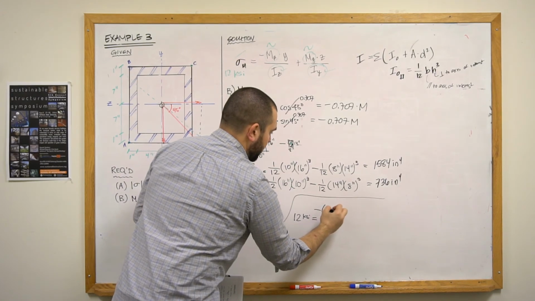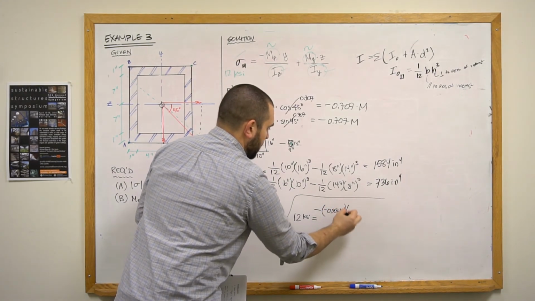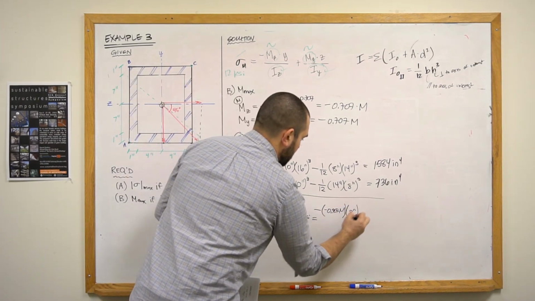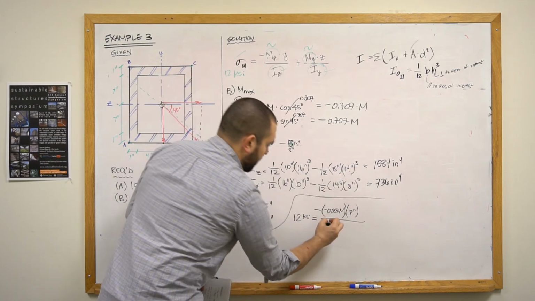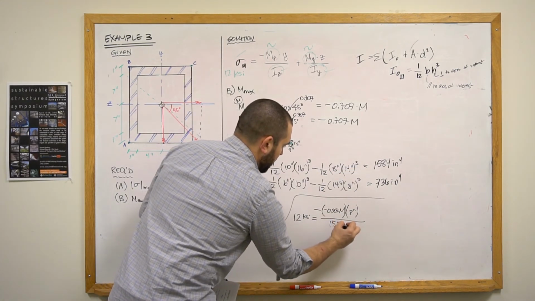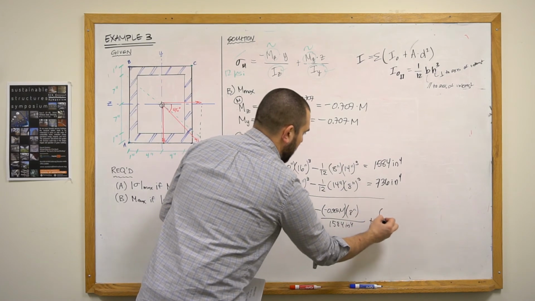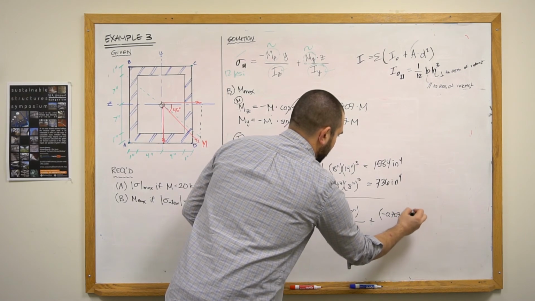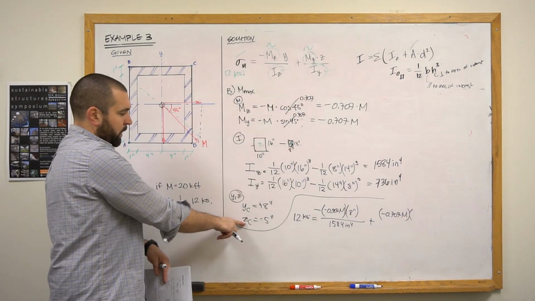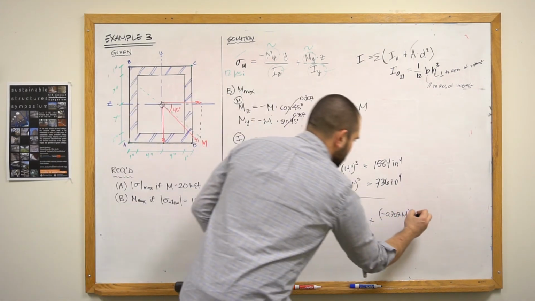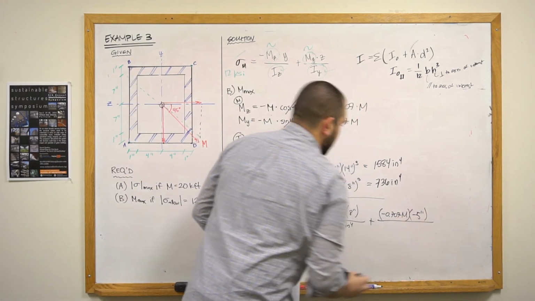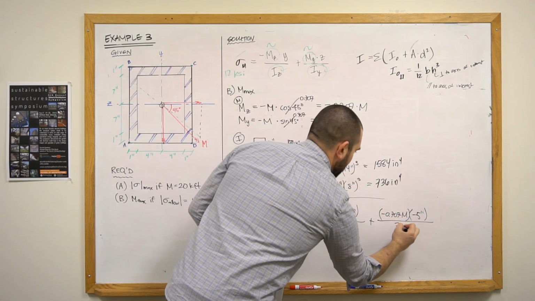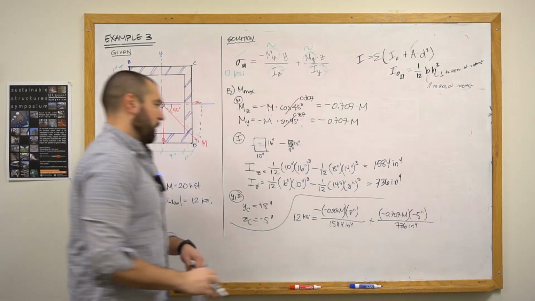It's negative 0.707 times M times our y coordinate for point C, which is 8 inches, divided by the moment of inertia about the z, which is 1584 inches to the fourth, plus My, My being negative 0.707 times M times the z coordinate of point C, which is negative 5 inches, divided by the moment of inertia about the y-axis that we calculated earlier right here at 736 inches to the fourth.